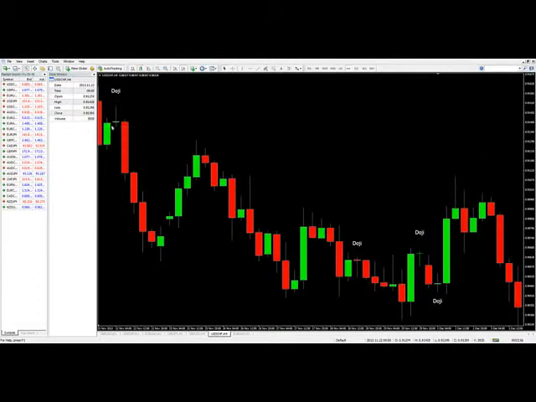This is basically signaling that we are going to be moving in a downwards direction, because remember, it takes a lot of movement for price, especially when the open and the close are at the bottom of the candle. It takes quite a bit of price movement to go straight up and then straight back down. It's basically creating a peak, and that's exactly what dojis signify. So you'll see our open is near the bottom of this candle.